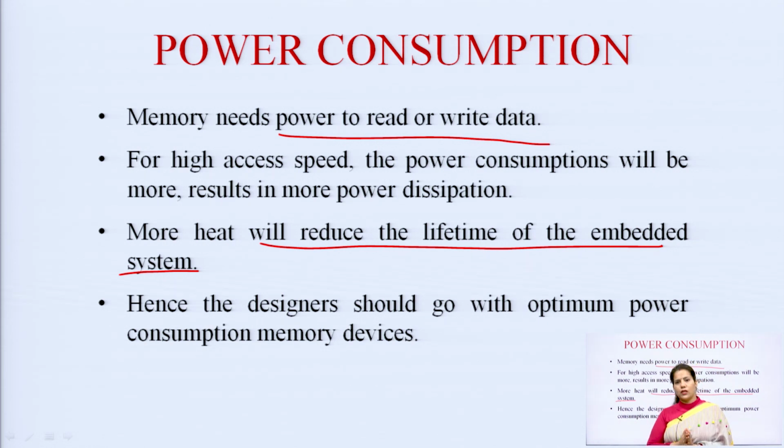So, the memory and the processor have to go hand in hand. The important factors should be considered while making the selection of these two. In the next slides we will discuss the details of these memory and processor units.